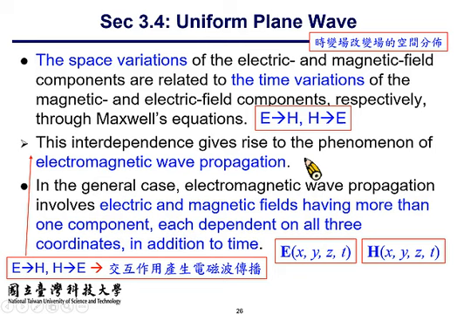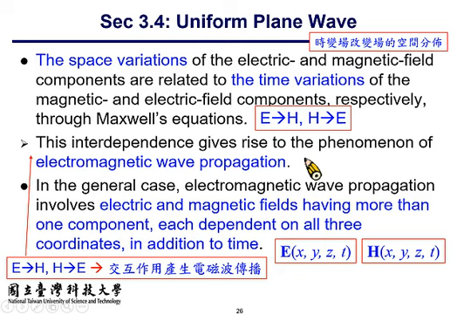And as I already mentioned, the generation of electromagnetic wave is a process involving both time-varying electrical field and time-varying magnetic field.